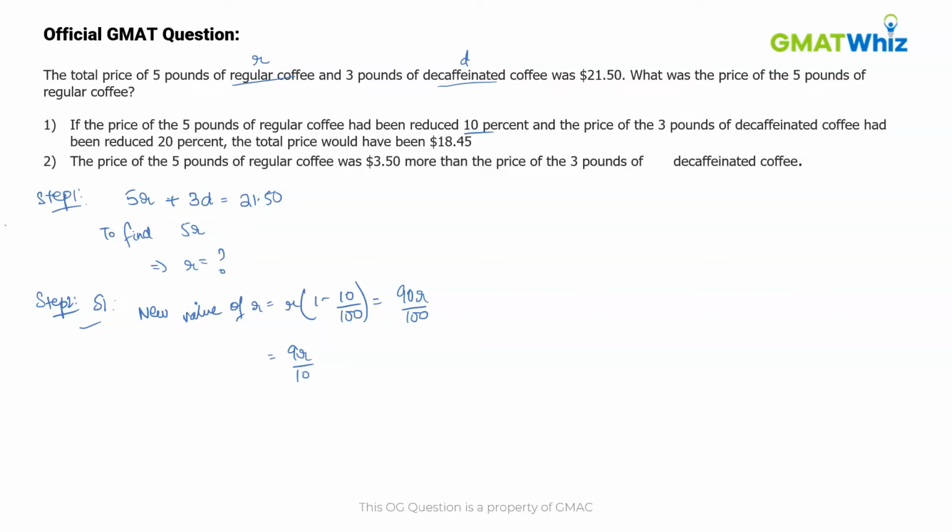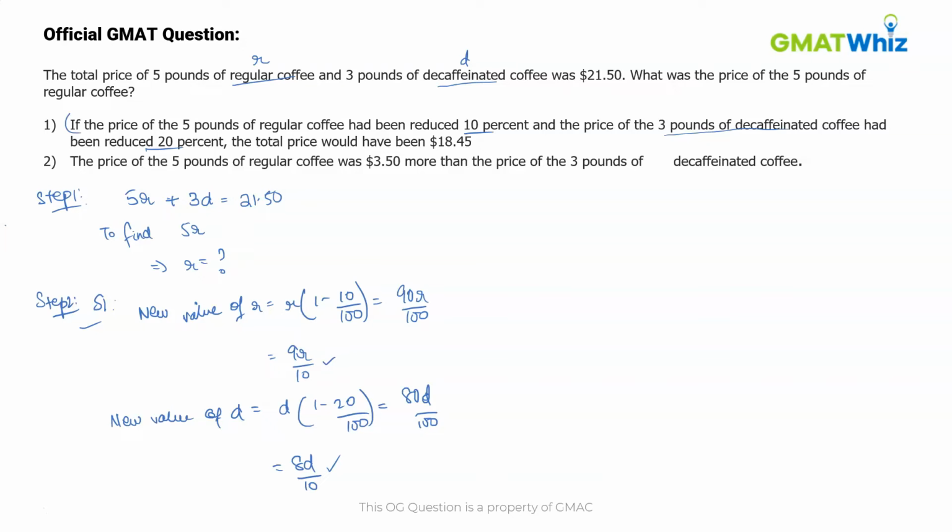Now we have that the price of 3 pounds of decaffeinated coffee had been reduced 20%. So we also have to find the new value of D. Then this would be D multiplied by 1 minus 20 by 100, which equals 80D by 100, which is equal to 8D by 10. Now these are the new prices of the regular coffee and decaffeinated coffee.